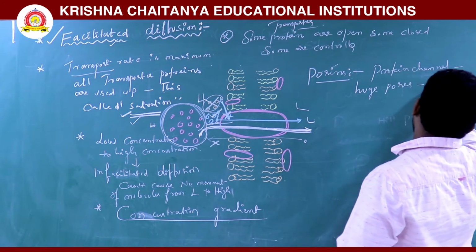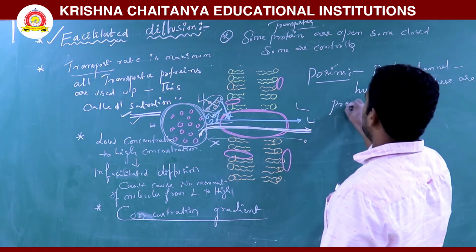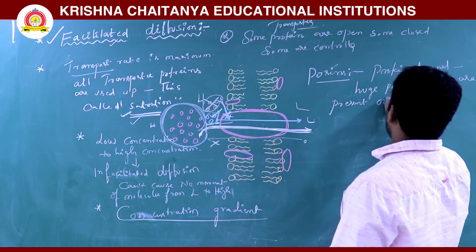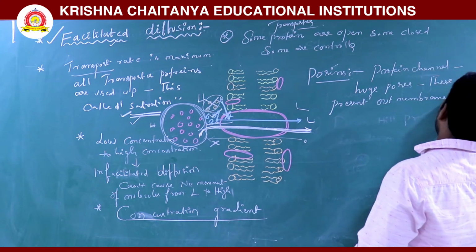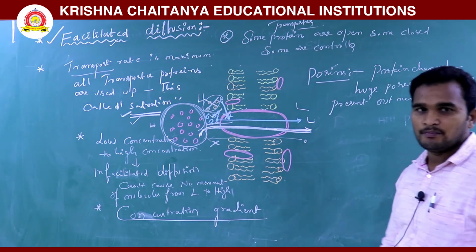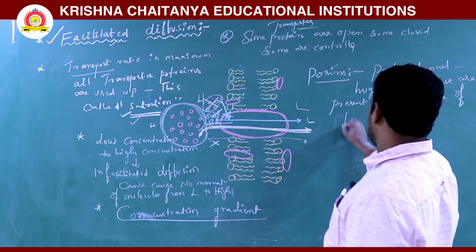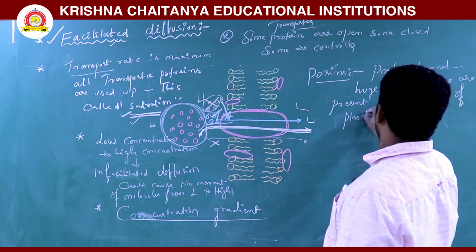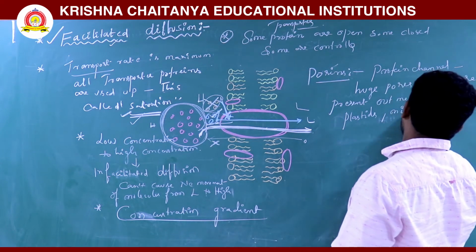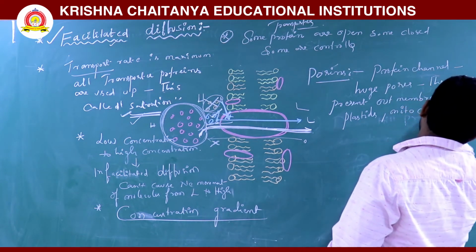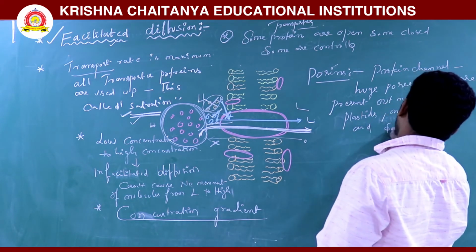Where are they present? On the outer membrane of plastids and also mitochondria and some bacteria.